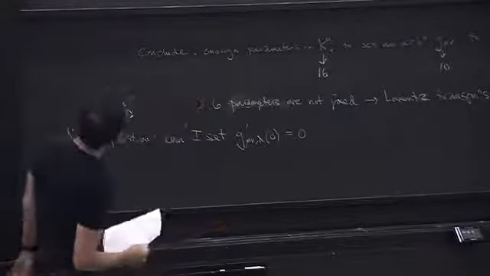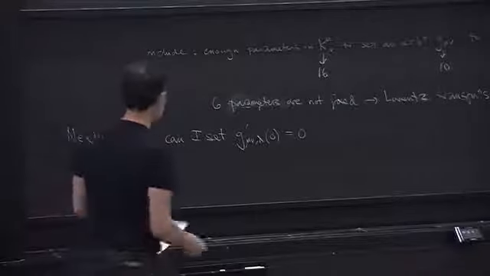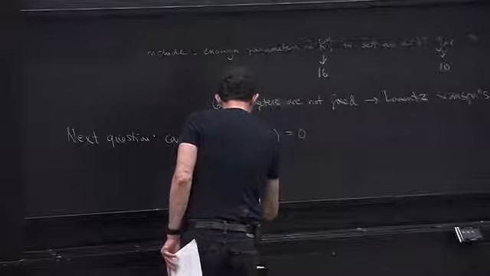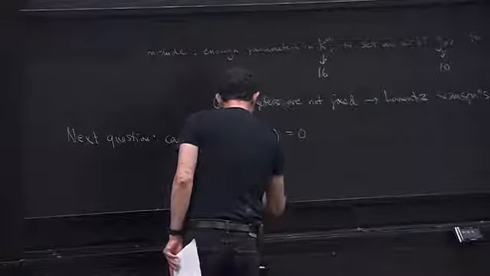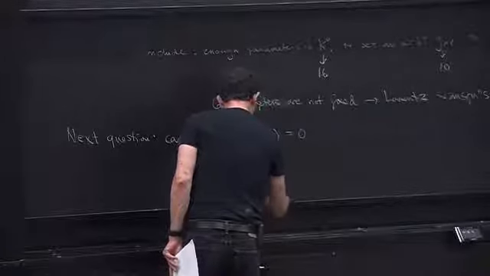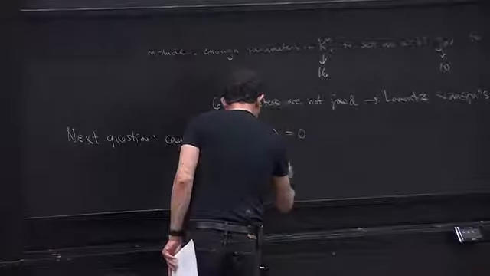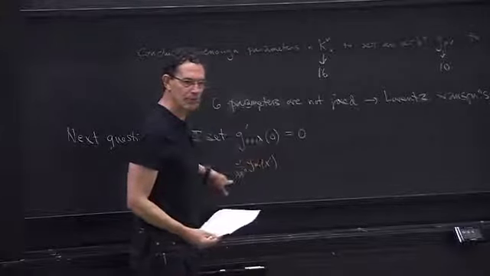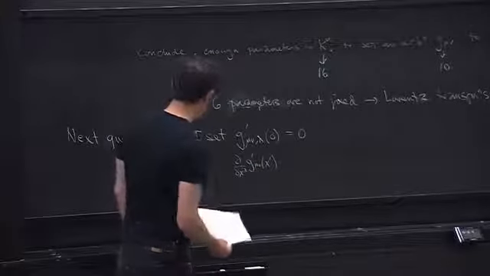I probably didn't say that. I should emphasize this. What does this mean? This means d by dx lambda of G prime mu nu, d by dx prime actually. Comma lambda means differentiate with respect to x lambda.